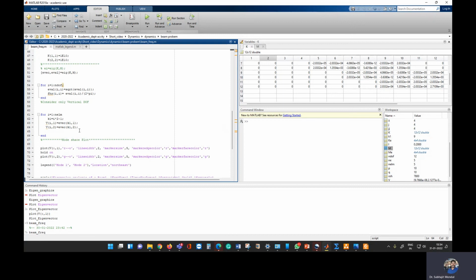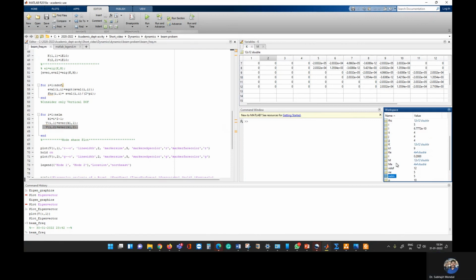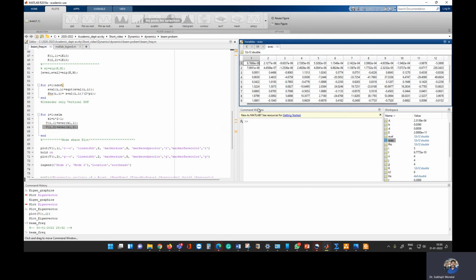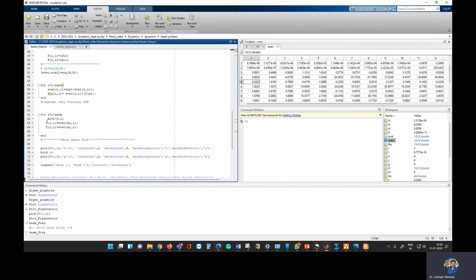Here we have considered the first column and the second column. If you see evec, it has a size of 12 by 12. So we have to take only this value, then the third value, then the fifth value like that.